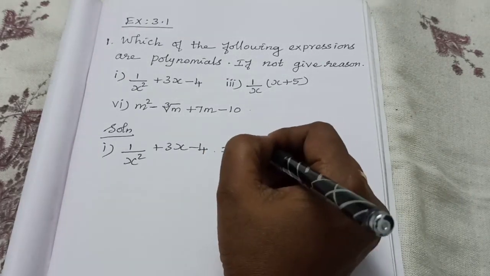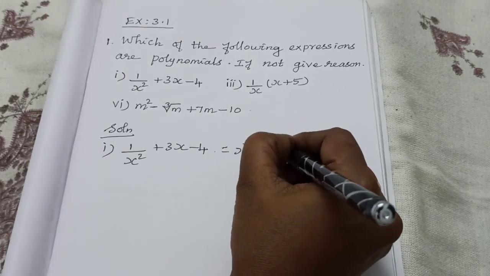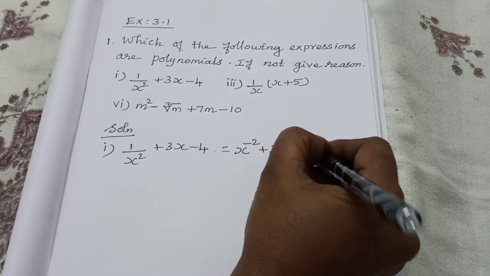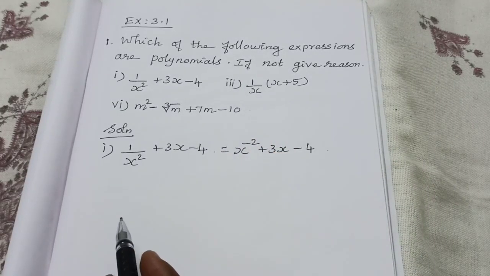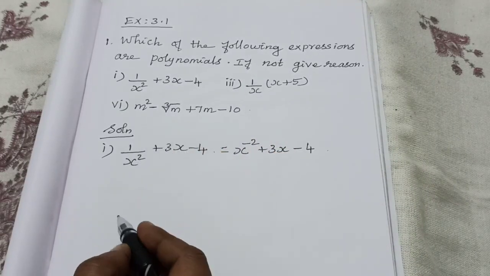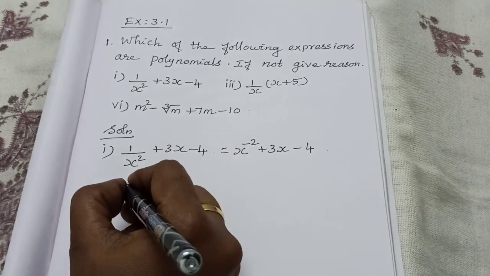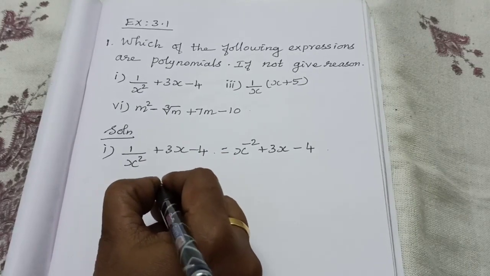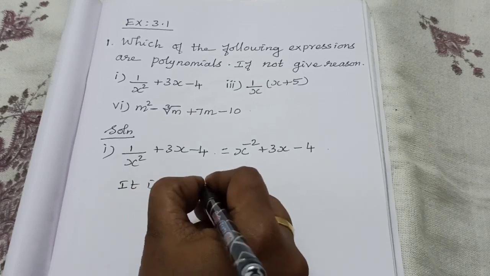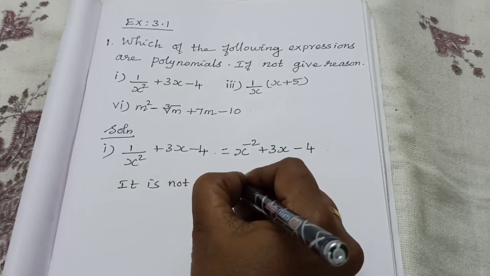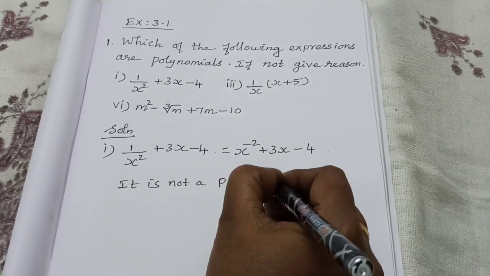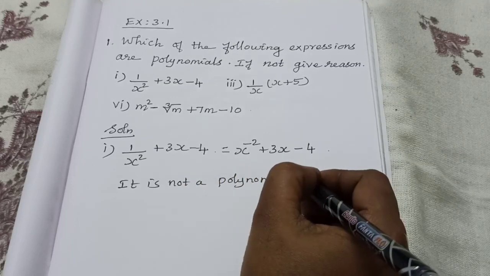Then x power minus 2 plus 3x minus 4. Is it a polynomial? No, it is not a polynomial.